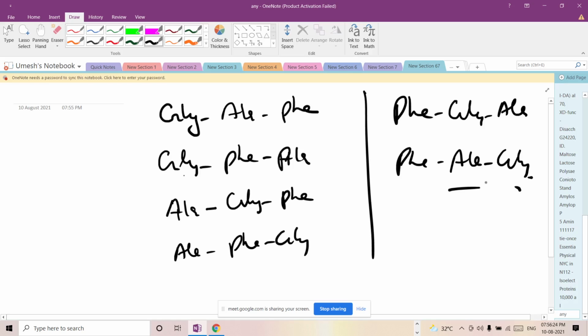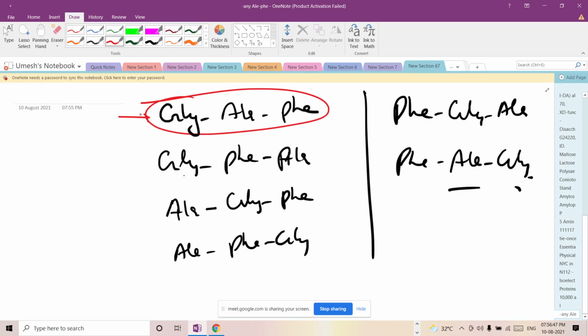And all these different combinations are responsible for different functions of an organism. Suppose I give one example: this sequence, this triplet code, is responsible for skin texture, skin color.